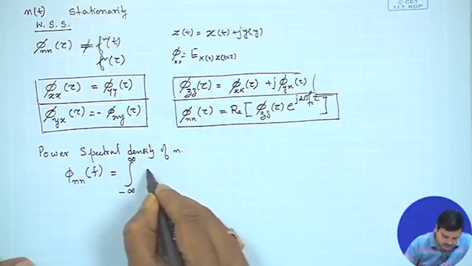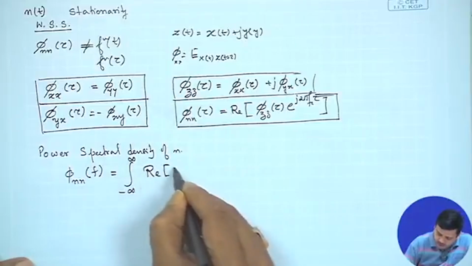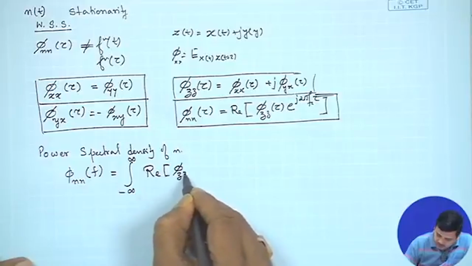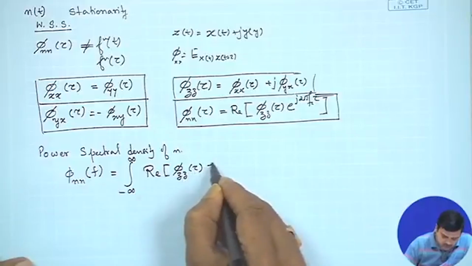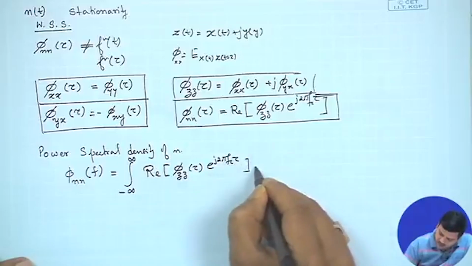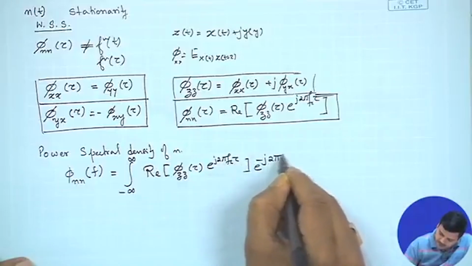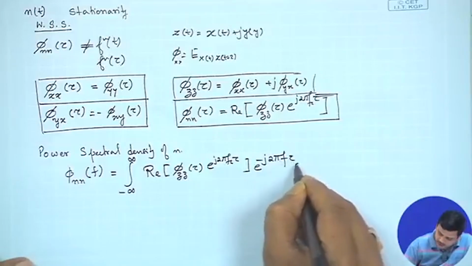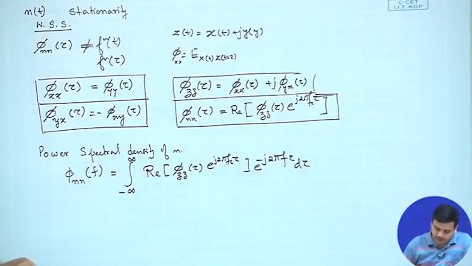That means we will be directly writing the integral of the real part of φ_zz(τ) e to the power of j 2π f_c τ times e to the power of minus j 2π f τ dτ. So this is what we have with us.